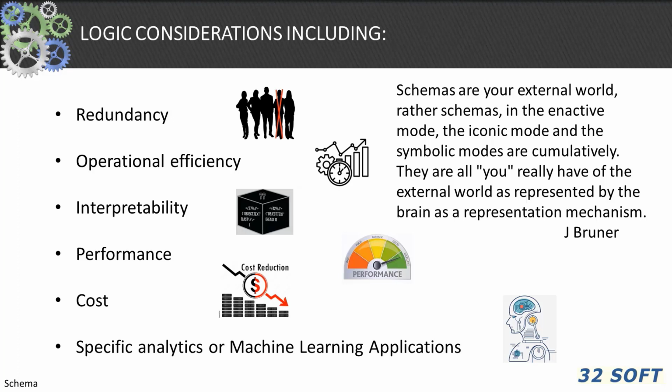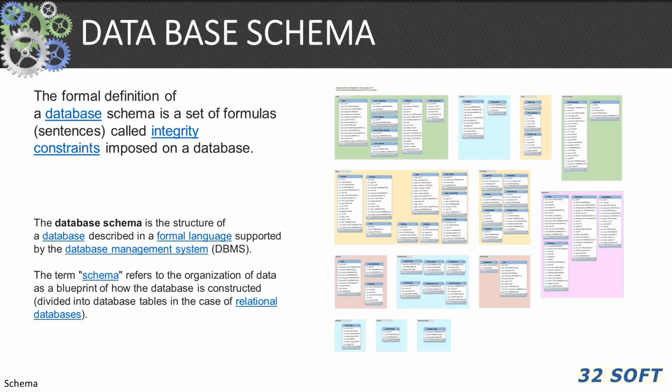Schemas address several logical and hardware considerations, including redundancy, operational efficiency, interpretability, performance, cost, and some aspects of artificial intelligence. A database schema is a formal definition of a database. It is a set of formulas or sentences called integrity constraints that are imposed on the data.